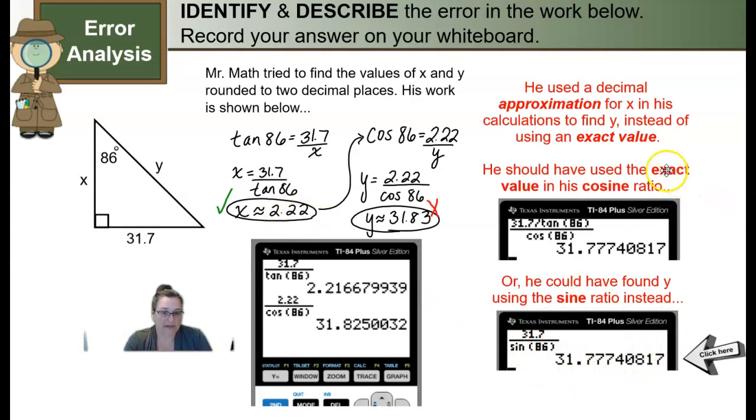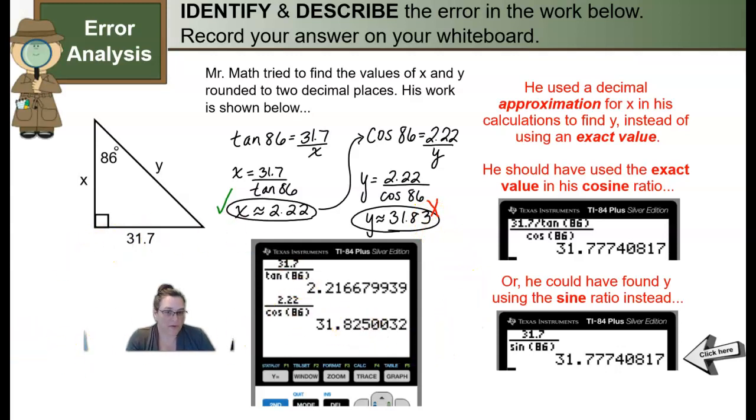So instead of using the cosine ratio to find side y, he could have used the sine ratio instead and been able to use exact values. 31.7 over sine of 86 would have gotten him that 31.78. That would have been a better approximation than what he had with the round-off error of 31.83.